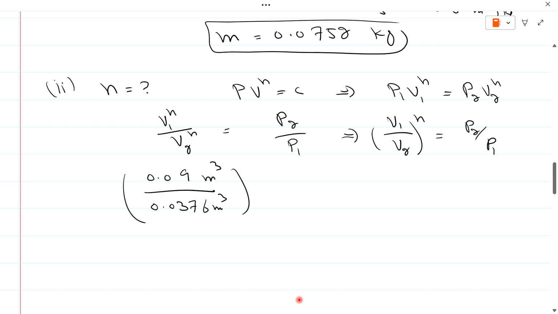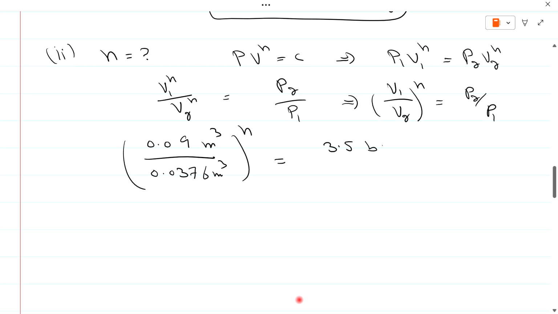The whole power n is equal to, sorry, P2 is 3.5 bar, and the value of P1 is 0.7 bar. Now simplifying, 0.09 divided by 0.0376 is equal to 2.3936, whole power n is equal to 5.